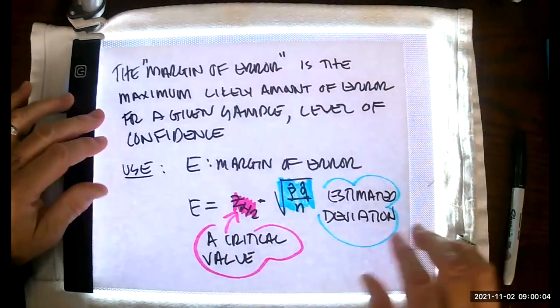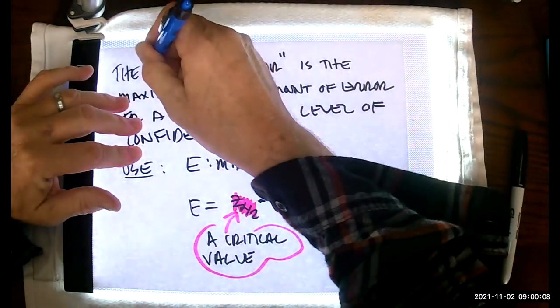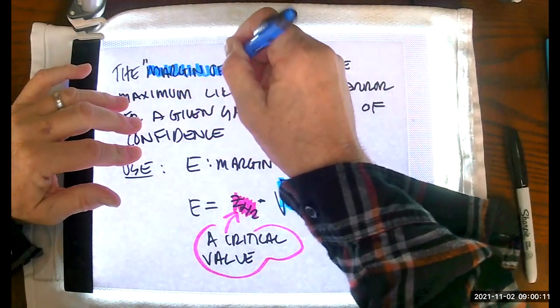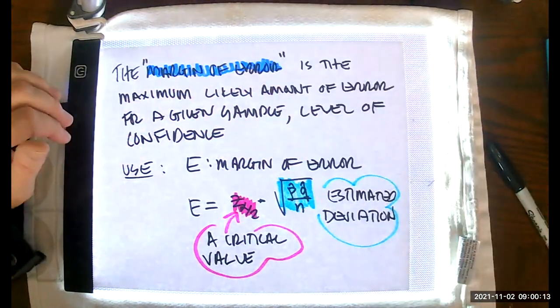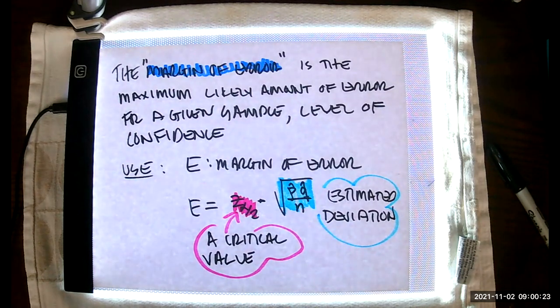Now, we're going to use that critical value to build what we call the margin of error. The margin of error is the maximum likely amount of error for a given sample and a given level of confidence. We use the letter E, big E, to indicate the margin of error.